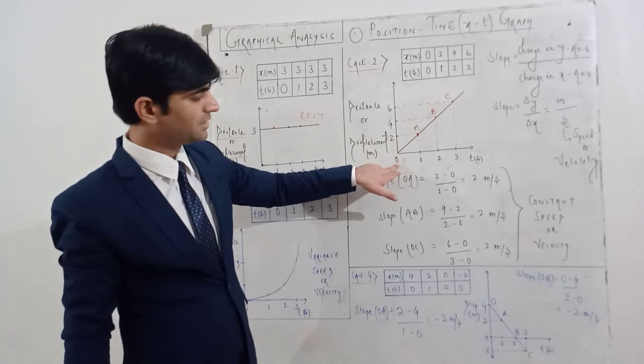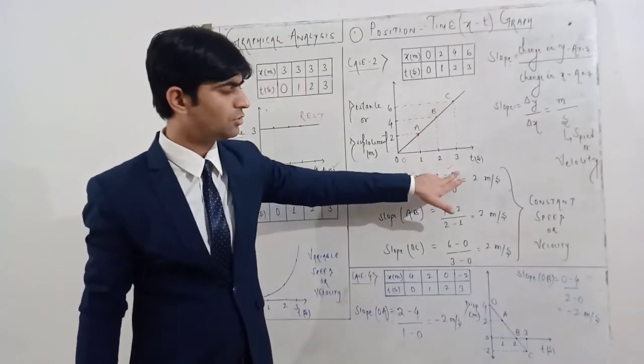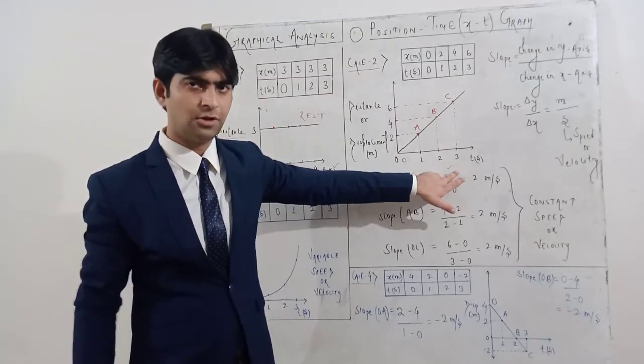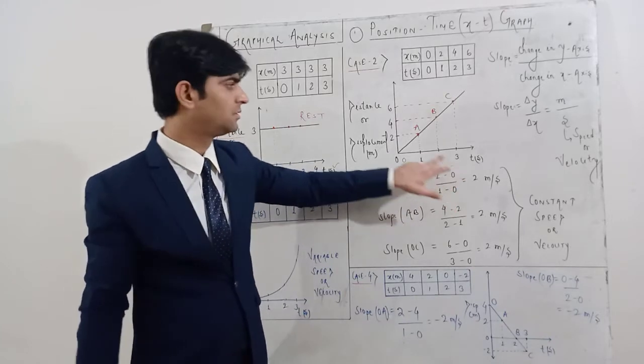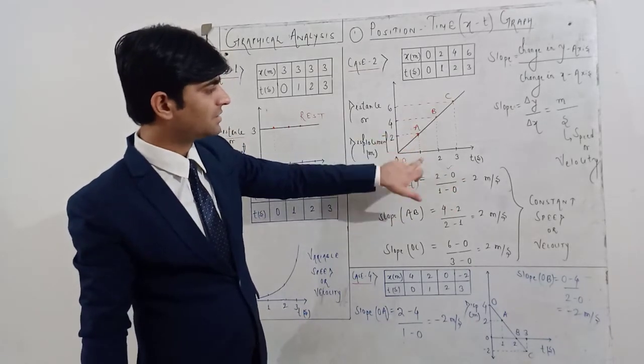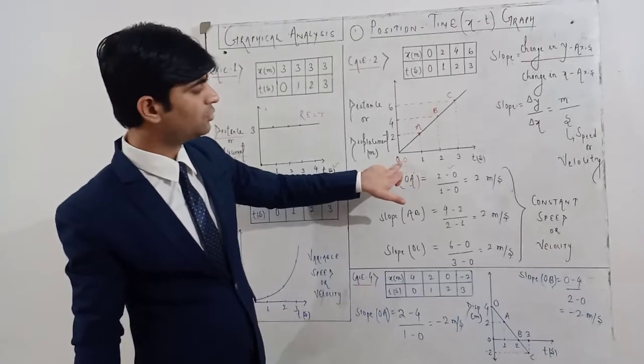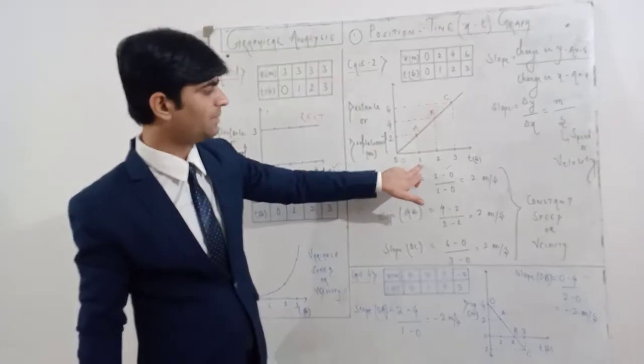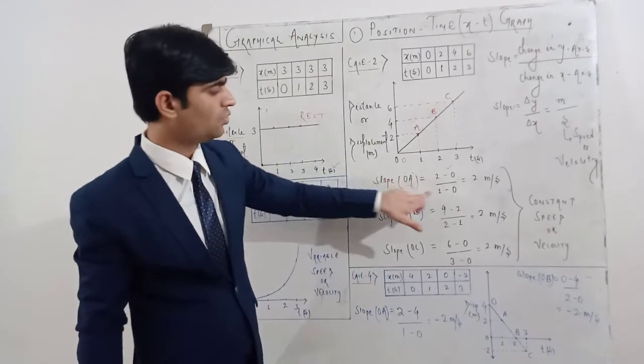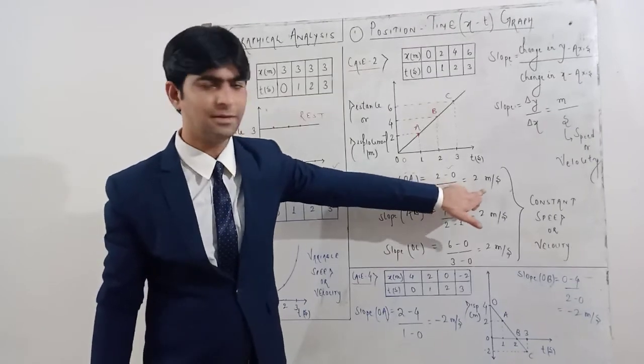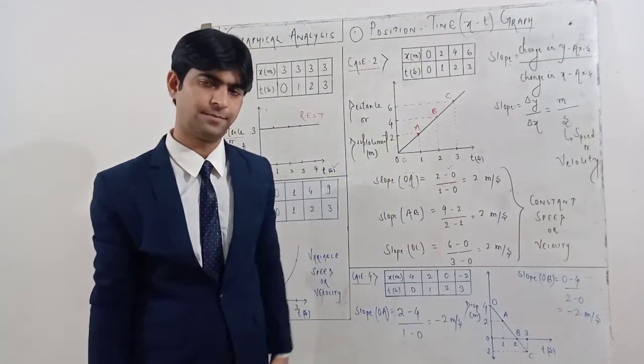Corresponding to O, it is written 0. So 2 minus 0 on the y-axis. Now focus on the x-axis. Corresponding to A, it is written 1. Corresponding to O, again 0. So 1 minus 0. The answer becomes 2 meter per second.